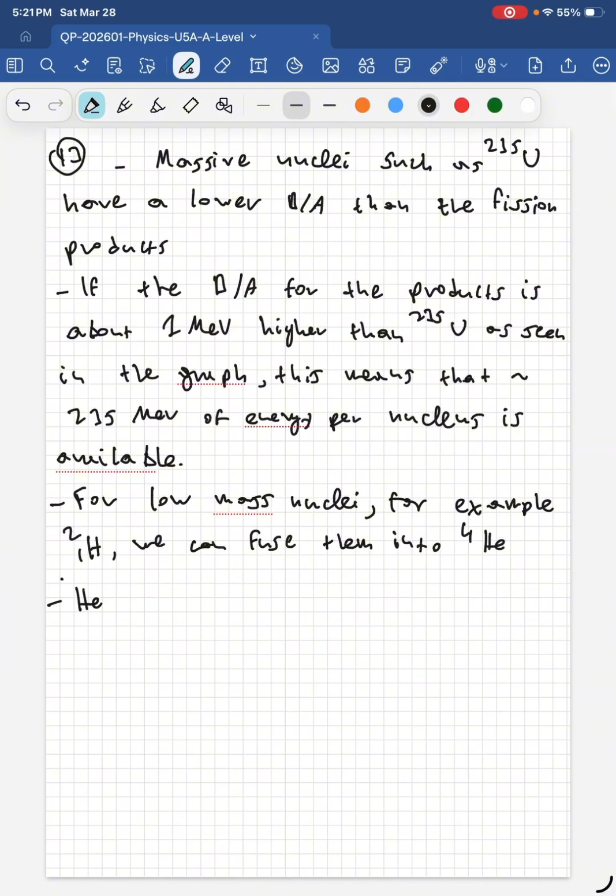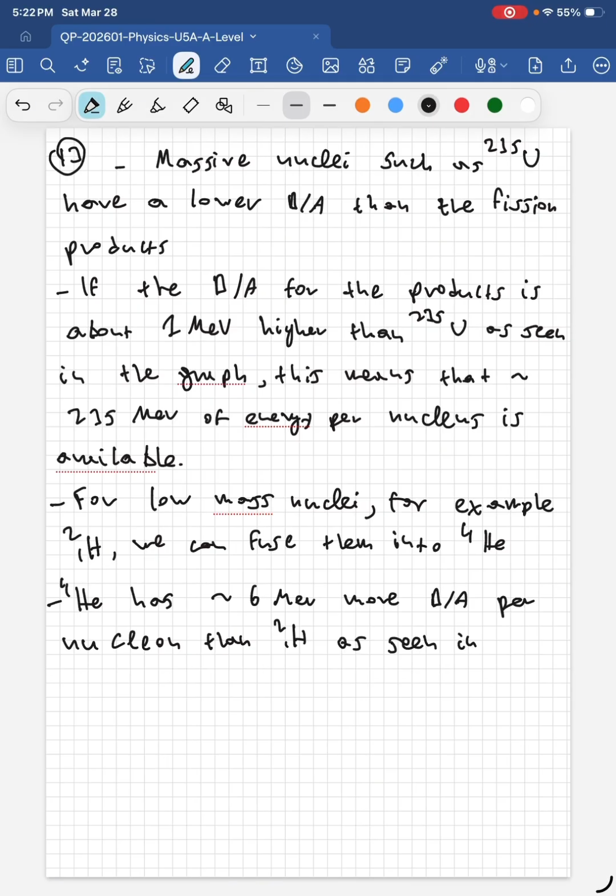Helium-4 has approximately 6 MeV more binding energy per nucleon than hydrogen-2 as seen in the graph.